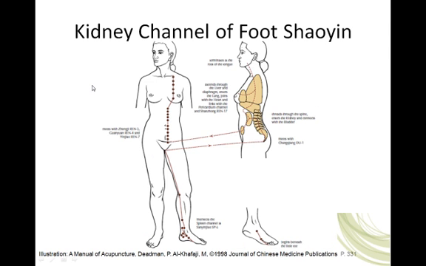Okay. If we look at the primary channel connections, we see a connection into the tongue, the root of the tongue, into its Shaoyin paired organ, the heart, into the lung, into the liver. Right? So when we think about the functions of the points of the kidney channel, we need to think about all of those connections.